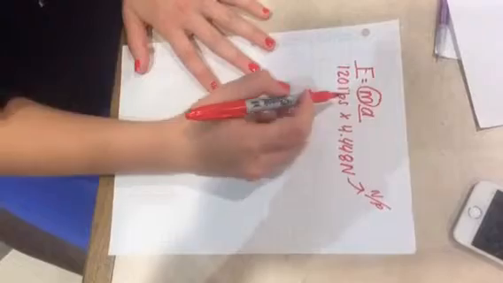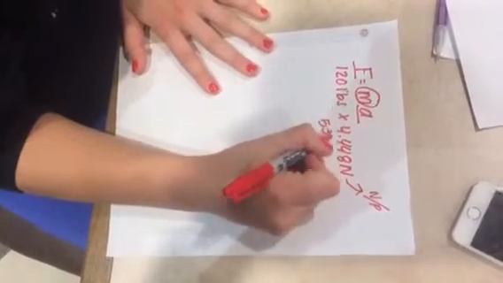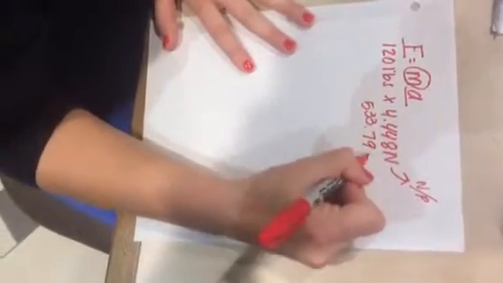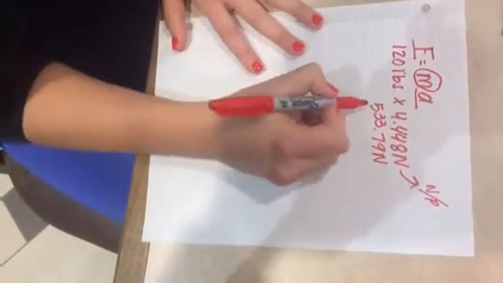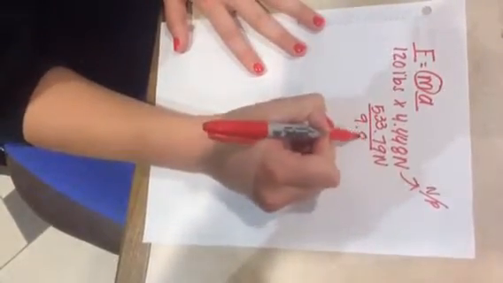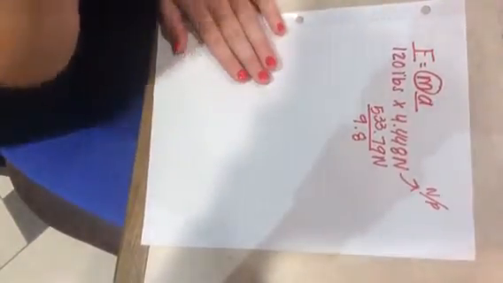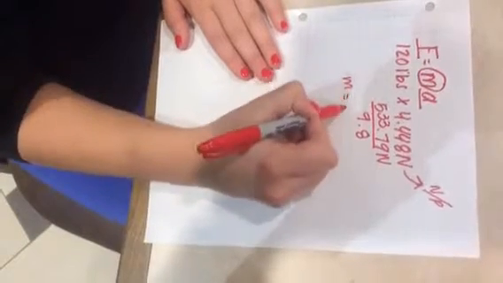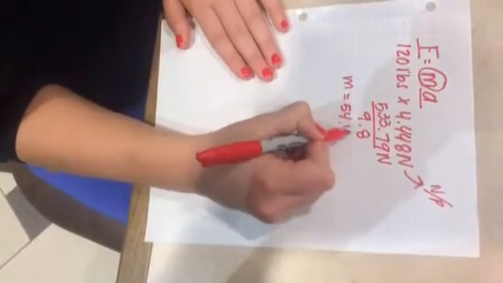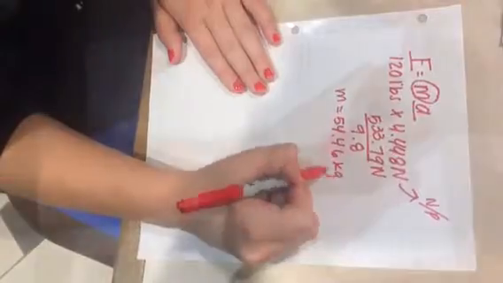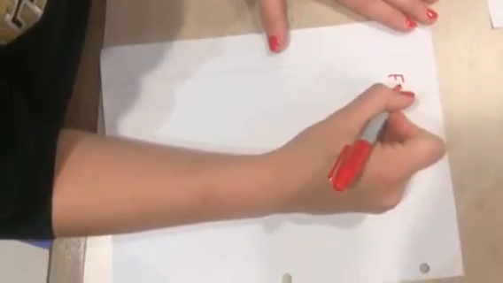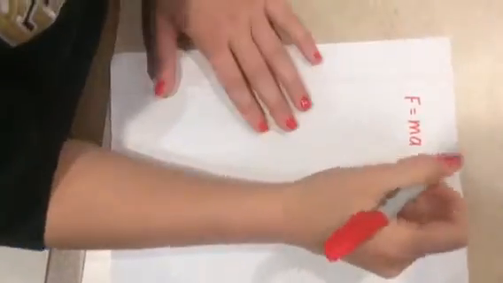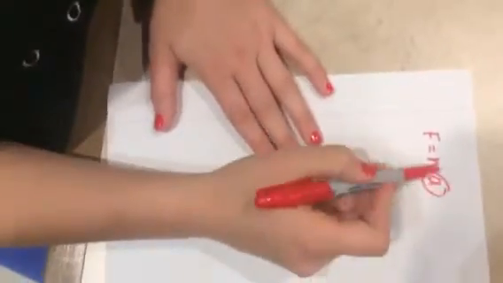And then from there I get 533.79 newtons. Then you're going to divide by 9.8 because gravity is involved when you're going up the elevator, and your final mass is going to be 54.46 kilograms.